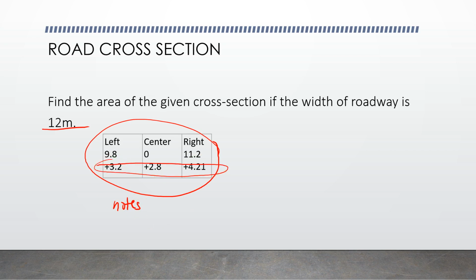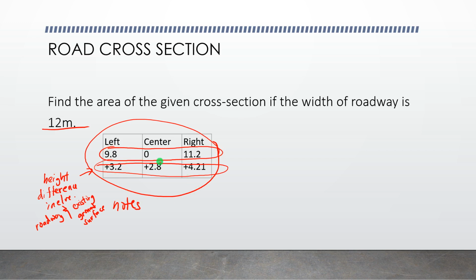So here at the bottom part, which is numbers with positive signs, this is an indication that these values are the height, or this could be the difference in elevation between the roadway and the existing ground surface. Okay, how about on the upper row?